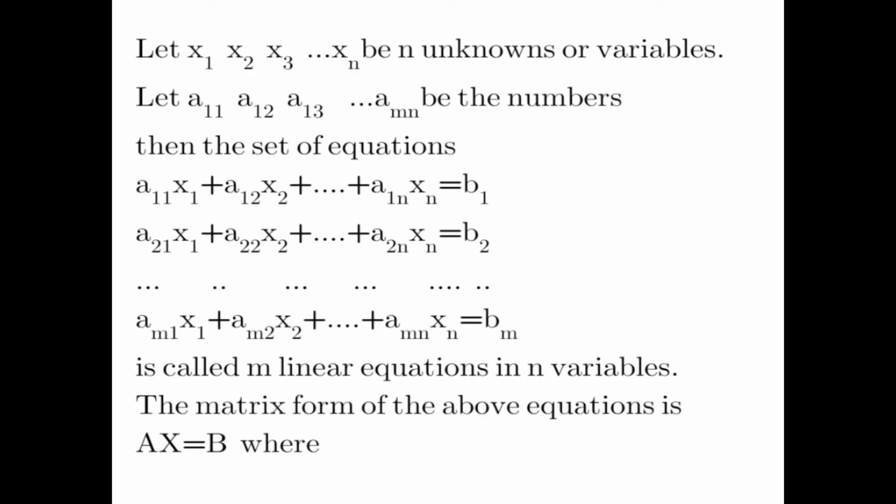The general form of a system of linear equations in n variables or n unknowns x1, x2, xn is written as a11 into x1 plus a12 x2 plus and so on, a1n into xn is equal to b1.